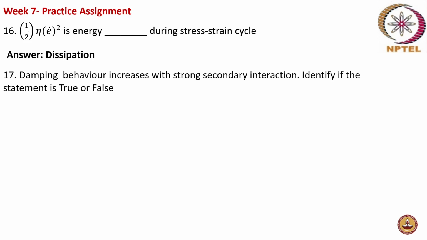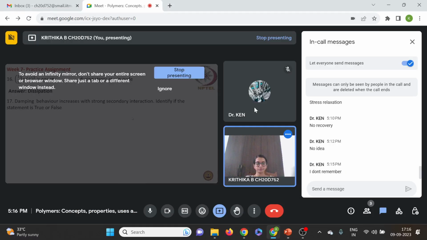Next, damping behavior increases with strong secondary interaction. Identify if the statement is true or false. When there are more secondary interactions, the damping behavior increases. Is it true?